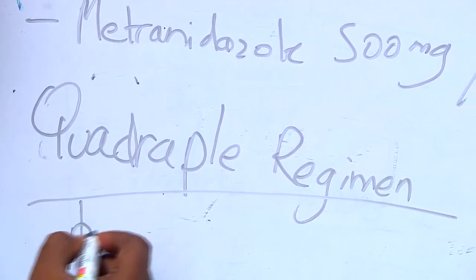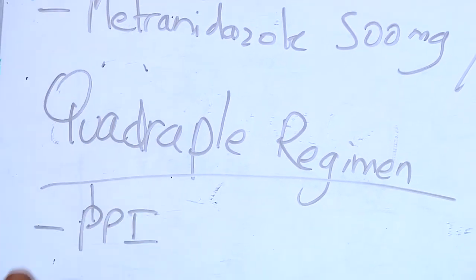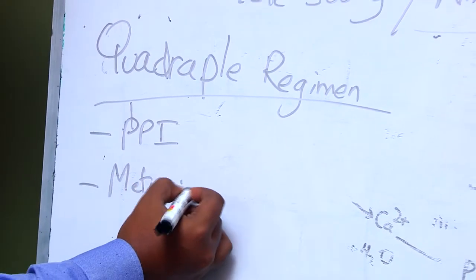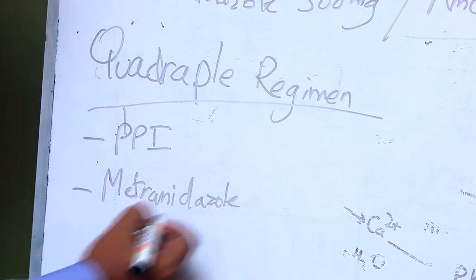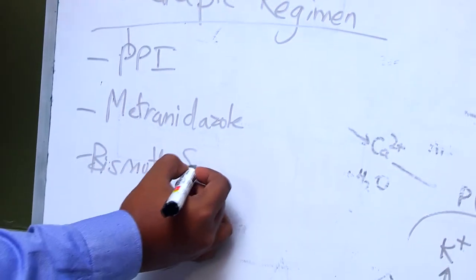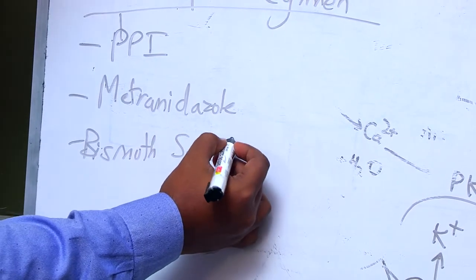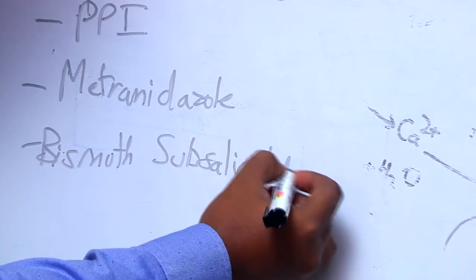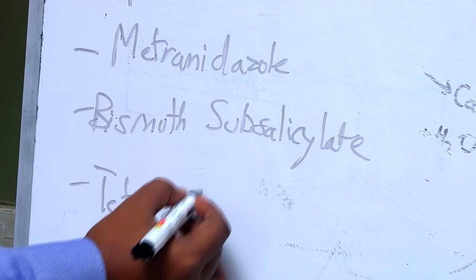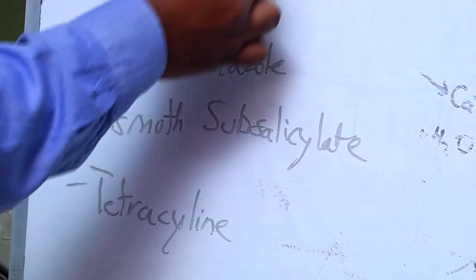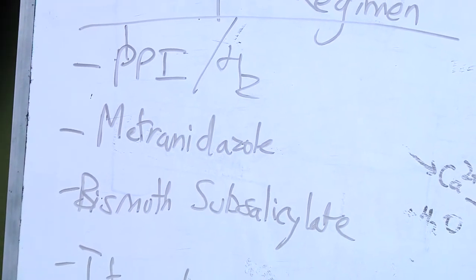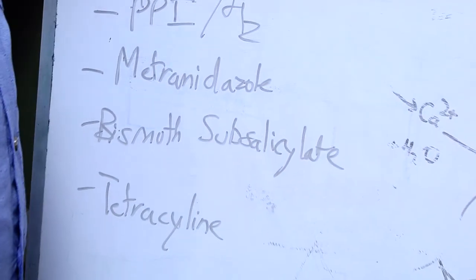Same, you can give a PPI, then you give metronidazole, and then you give bismuth subsalicylate, and then you give a tetracycline. This PPI can also be substituted with an H2 blocker. So you have 2 regimens now, which is the triple regimen and the quadruple regimen.